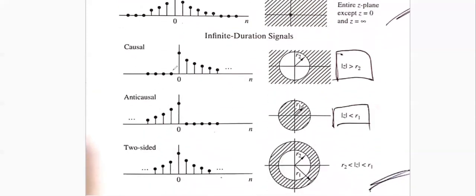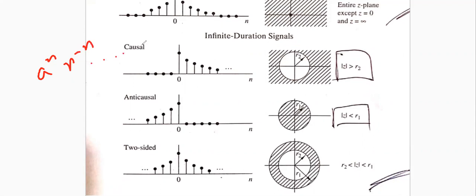Okay, and for the causal signal, infinite duration signal. Now this is infinite. For an infinite duration signal, we have found that there will be a circular format, and more than that is our solution. Don't need to memorize the things. By the concept, you should understand why there is a more than or less than, because from the expression you can find a to the power n, r to the power minus n.